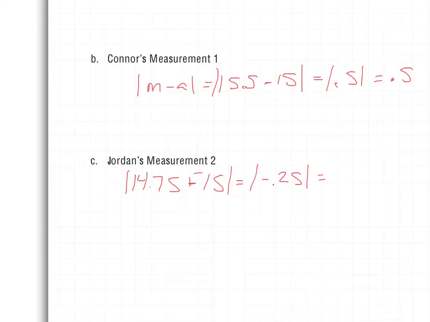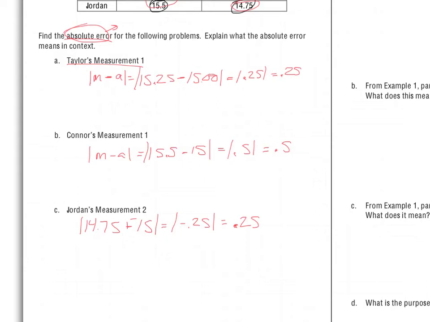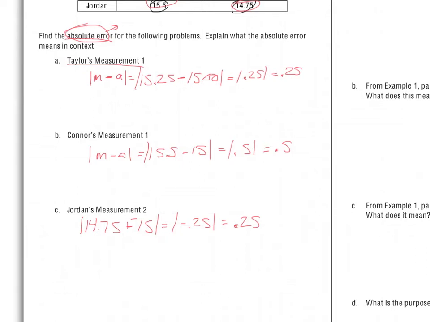I'm just trying to figure out absolute error. So exactly how far off are they in general? It doesn't matter to me whether it's negative or positive. That's why the absolute value tells me, hey, I just want to know they're 0.25 off. This is the concept of absolute error. So this tells me how far off they are in terms of the measurement that's being given.